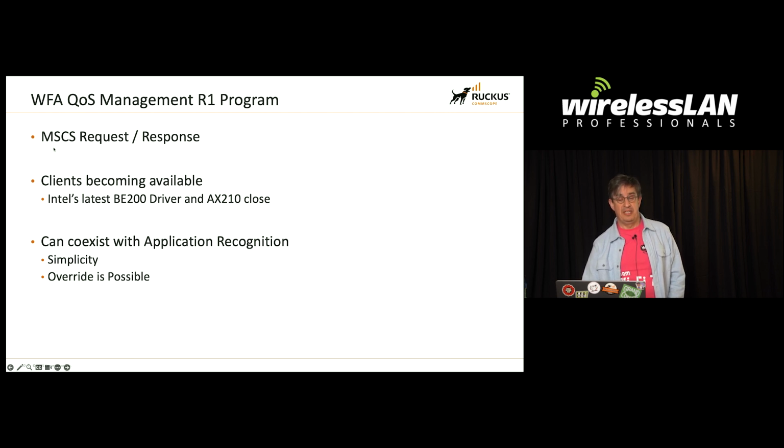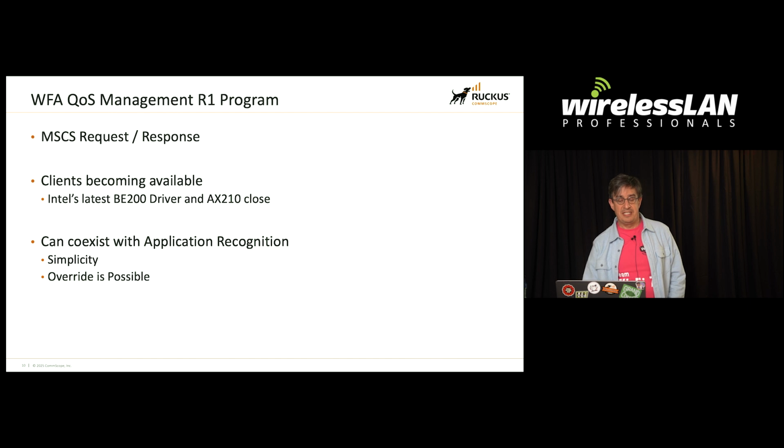There are some test cases where the client sends a request to the AP, MSCS request to the AP to say, hey, I want you, AP, to mirror the flows that I send up to you, and the AP returns a response saying, yep, I can do that. No, I can't. The Ruckus APs have implemented that. There are clients becoming available now on the market that implement that. Intel's latest BE driver does that. Their AX210 should do that.